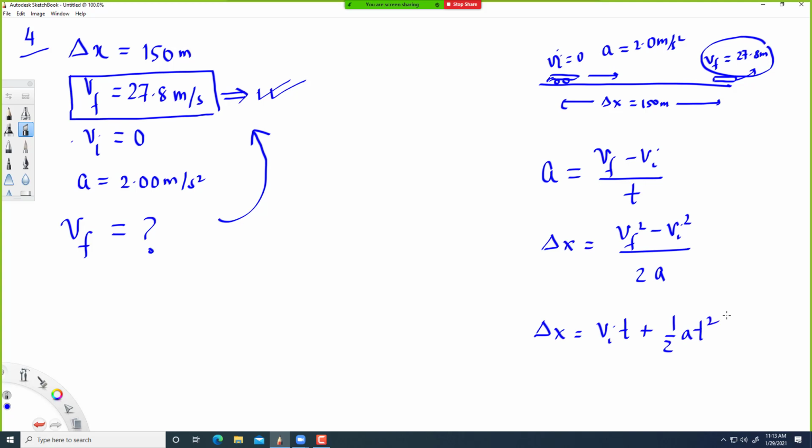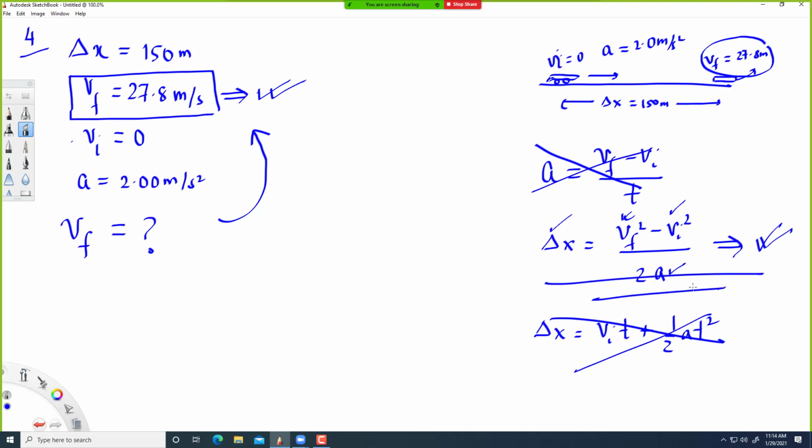Which one do we want to use? We don't have time given, so that one is not relevant. We have distance, acceleration and initial speed given, and VF is what we need to find. So this is the relevant one. Let's use this one.